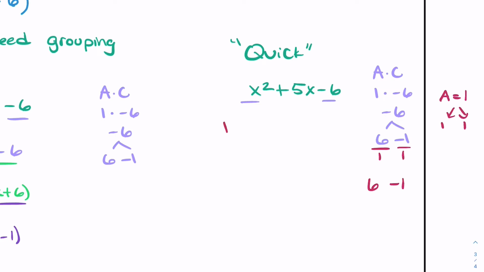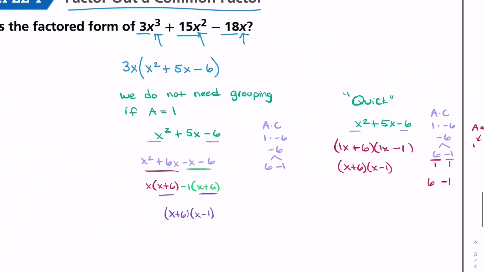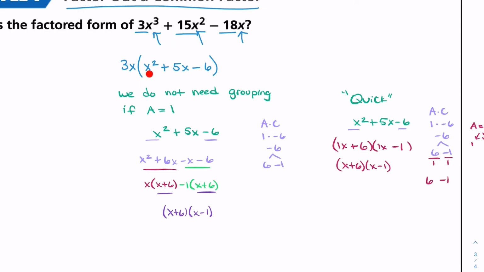And so you have 1x, and, well, here, let me put the 6 and the -1 in place. And then these right here, your 1 and 1, are 1x and 1x. So again, you just have x plus 6 and x minus 1. You do not need to go any further by factor by grouping if this leading coefficient's 1, because 1 divided by anything is itself, bringing you back simply to the a times c.